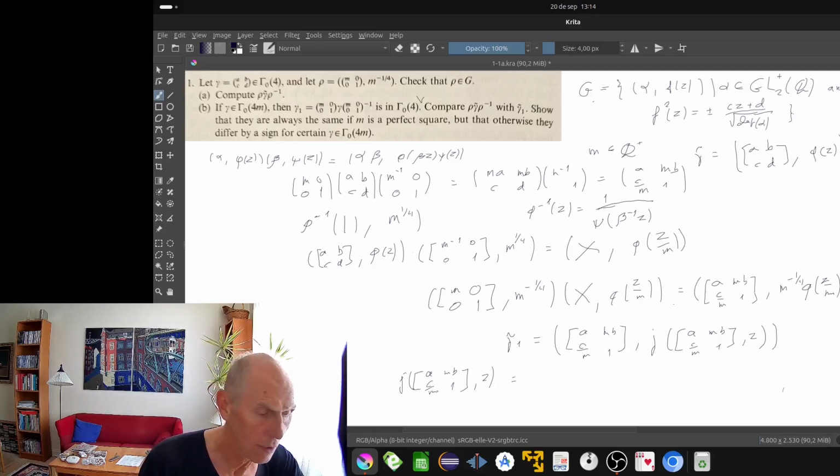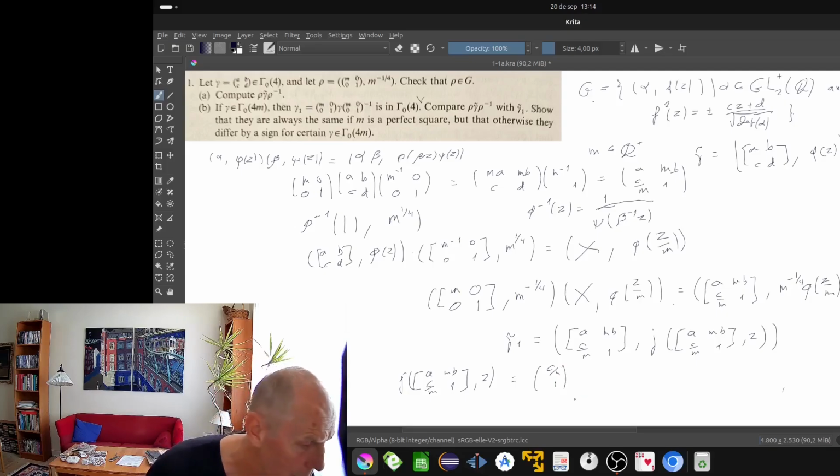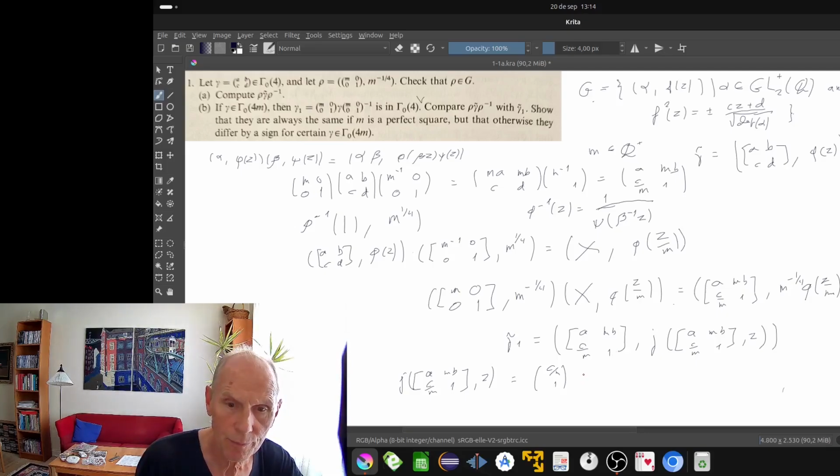This one over 1 and then epsilon d to minus first, and then the square root of Cz plus 1.